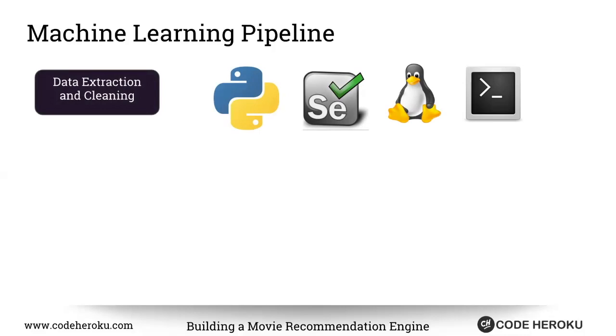And sometimes you need to scrape things from the internet, so you end up using something such as Selenium. These are not a comprehensive list, but just a glance at what tools or scripting languages are used. So the first thing is to extract and clean the data.